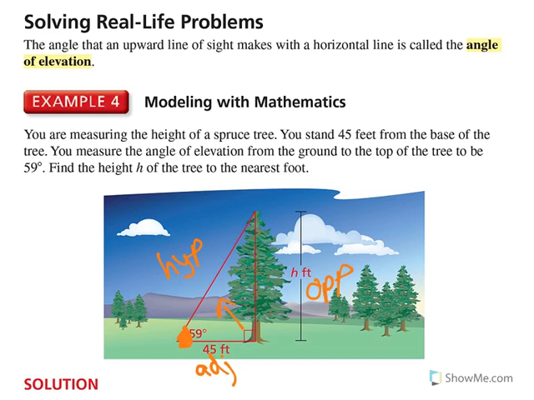Okay, so when I use this, I'm going to use tangent, because I have my adjacent side already, and I'm looking for my opposite side. Opposite over adjacent, I can always use tangent. So when I go to use this, I'm going to do my tangent of 59 would equal my opposite over adjacent.